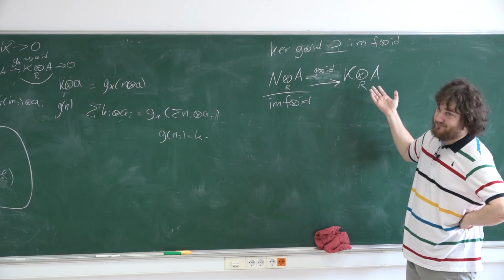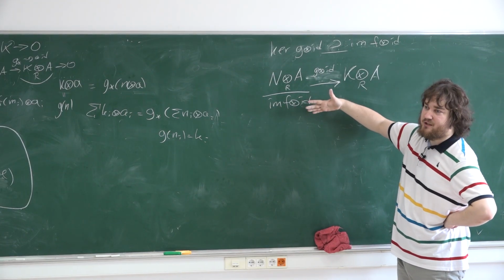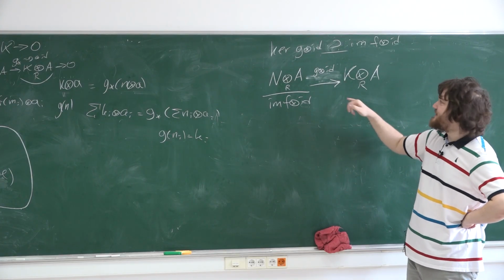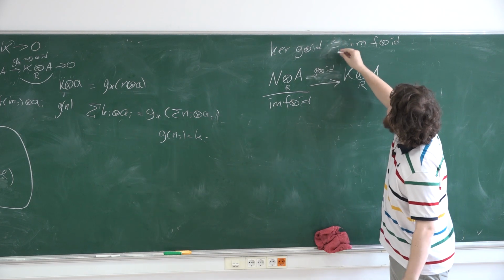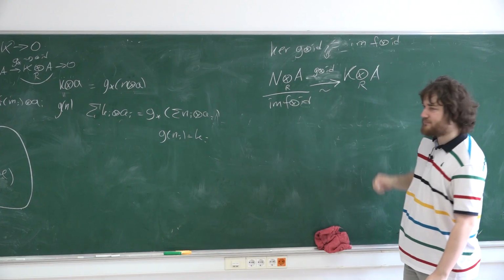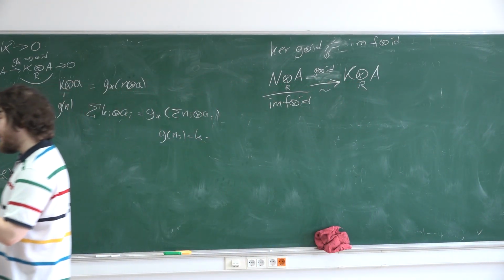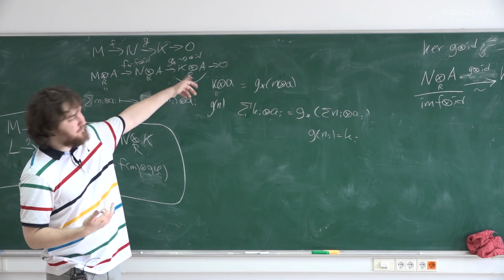It will be an isomorphism. And now I consider the quotient by the image. Maybe it's not an isomorphism, and I claim that exactness is the same thing as this homomorphism being an isomorphism. The equality is equivalent to saying that this is an isomorphism. It's an isomorphism because of the theorem about homomorphisms: the quotient by the kernel is isomorphic to the image, and I know that the image is the whole group.